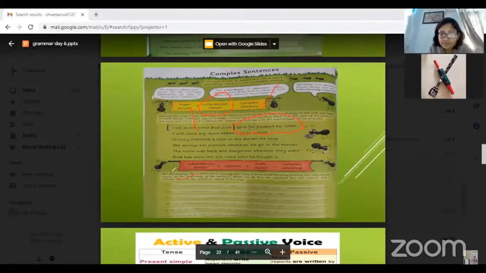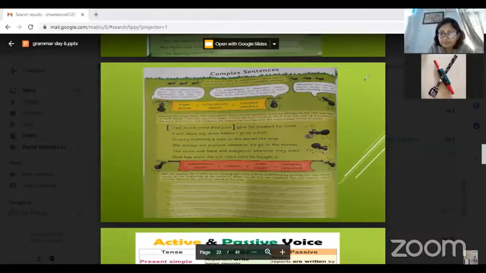So you have to use a subordinate clause, comma, main clause, and we have a complex sentence. Okay. So all of these sentences are complex because one clause has no complete meaning until it is connected with the main clause. Okay.